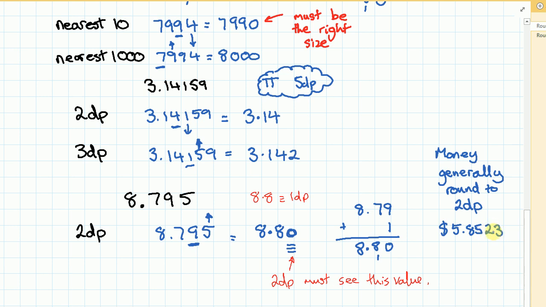Sometimes you do see this when you're buying fuel, but when you pay for it, if you were paying for fuel that worked out to this, it would round to 5.85. 2 decimal places, and it doesn't necessarily get stated. You do not ever round it to 5.9 and leave it blank. This number needs to be seen.